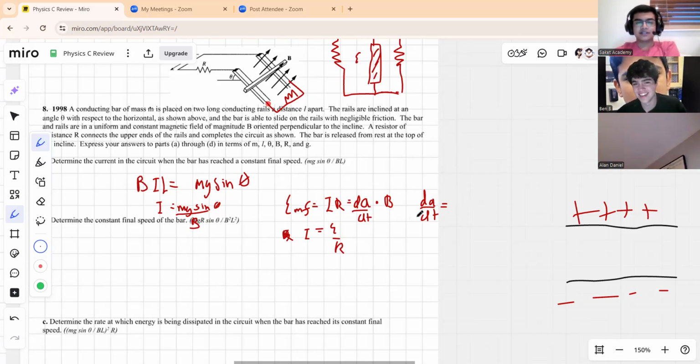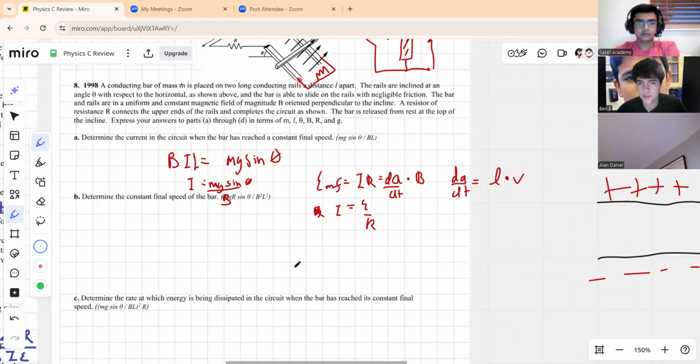Because dA over dt is equal to L times v. This is true.